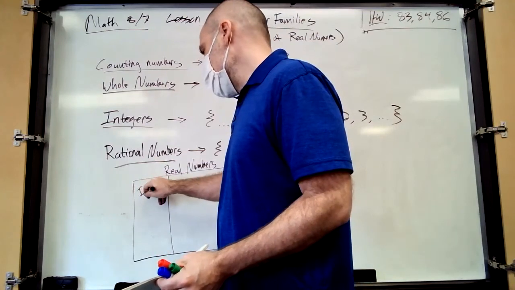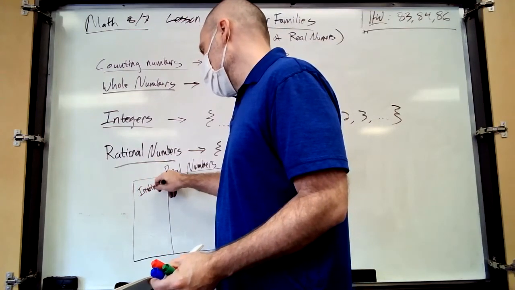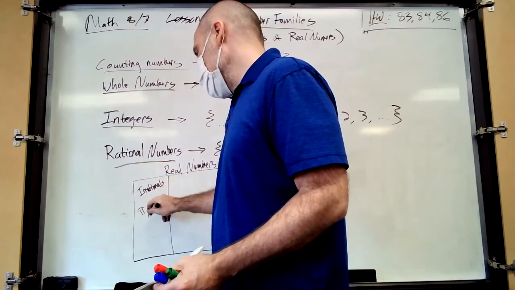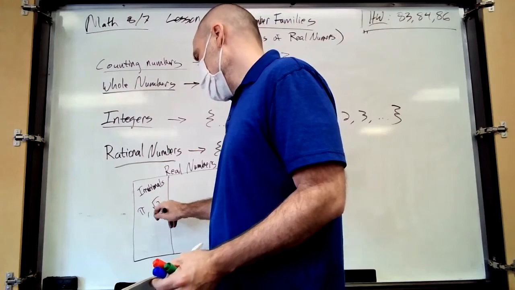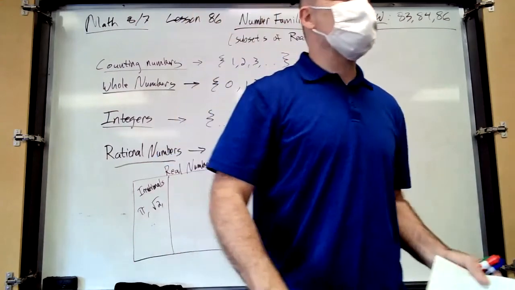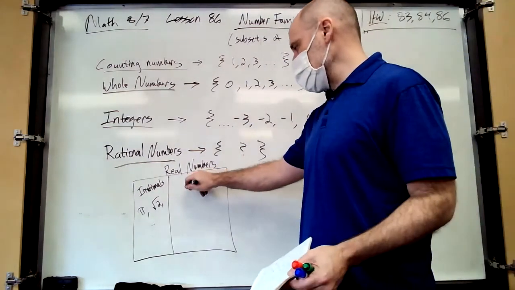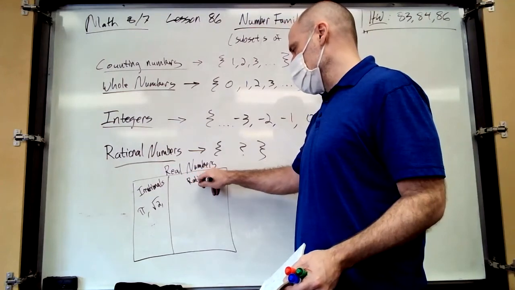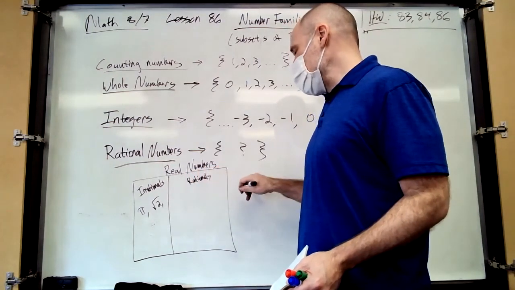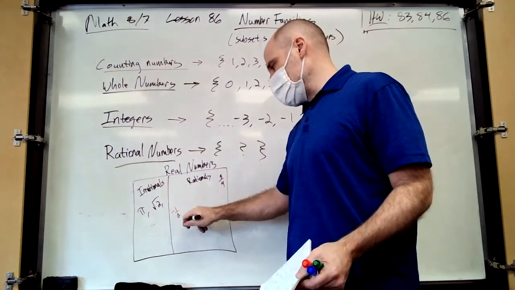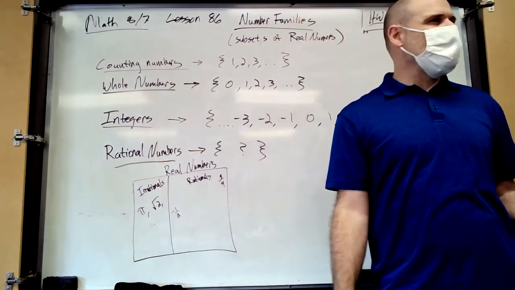These are irrational numbers. We're going to talk about those later. Irrationals are numbers like pi or the square root of 2. Don't worry about irrational numbers now, but on this side, we've got rational numbers, like 3/4 and -1/2. We got a bunch of those numbers over here, right?